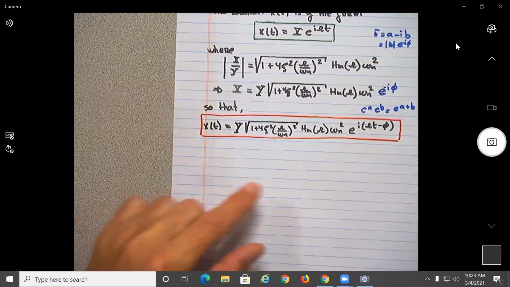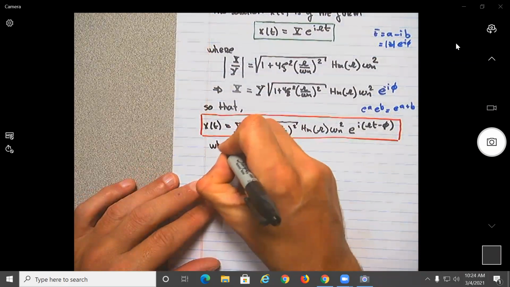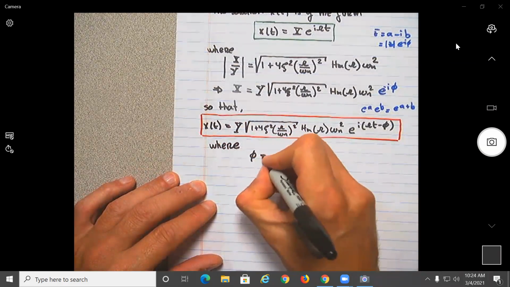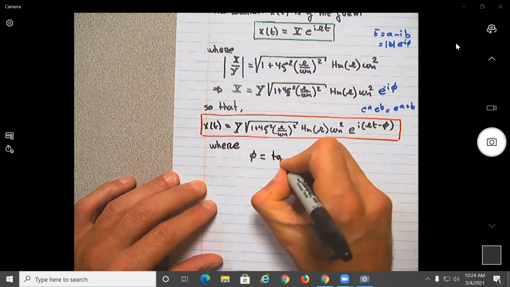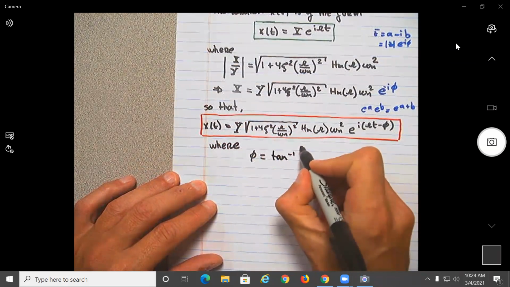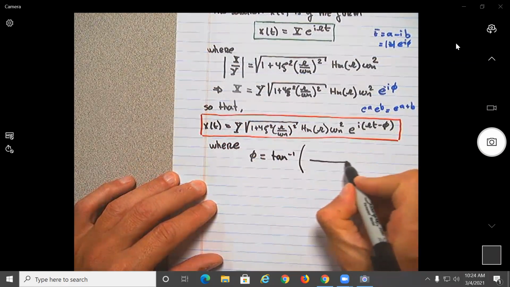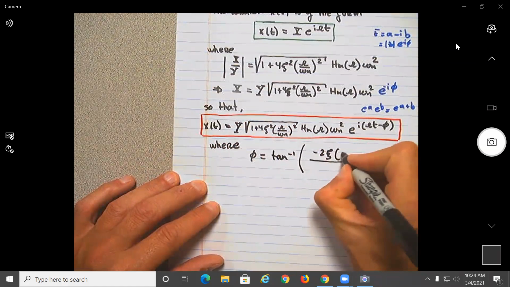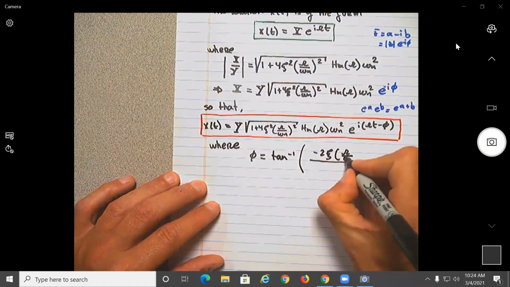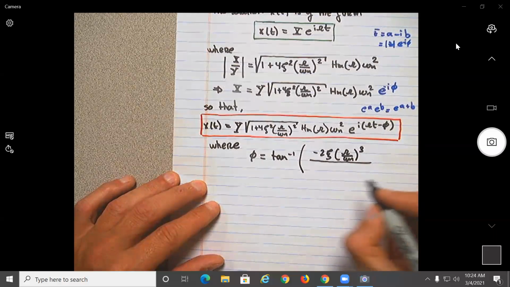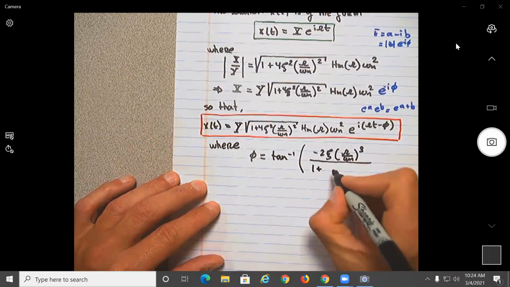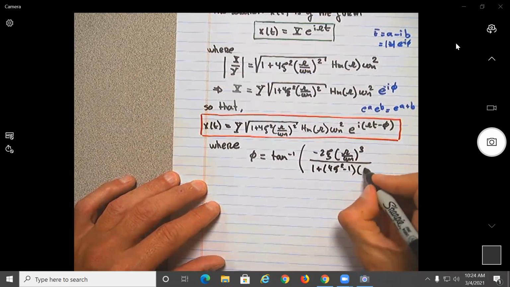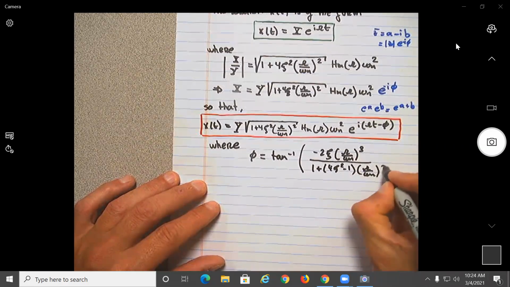All right, so in that equation, phi is equal to the inverse tangent of the expression I gave you before, which is the minus 2 times zeta capital omega over omega n cubed, divided by the 1 plus 4 zeta squared minus 1 capital omega over omega n squared.